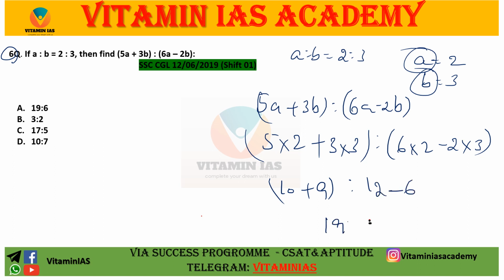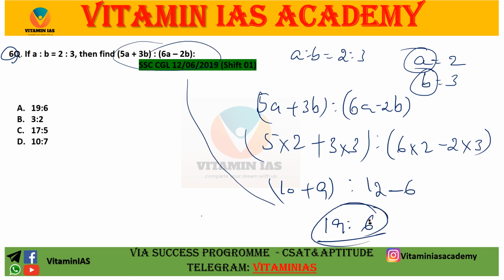Means here 19 is to 6. 19 is to 6 will be the answer. Yes, option A will be the right answer. And this type of question was asked in SSC CGL, that too in 2019. So just do more practice, then you can easily do this type of sums.